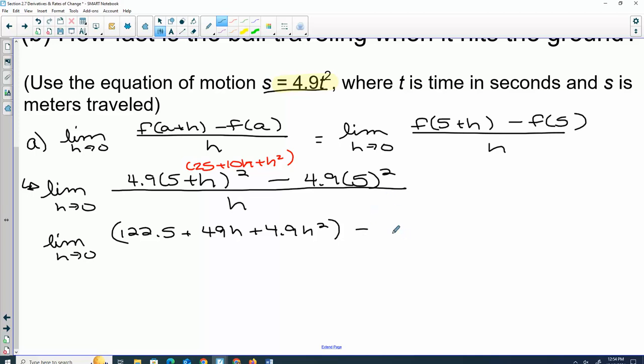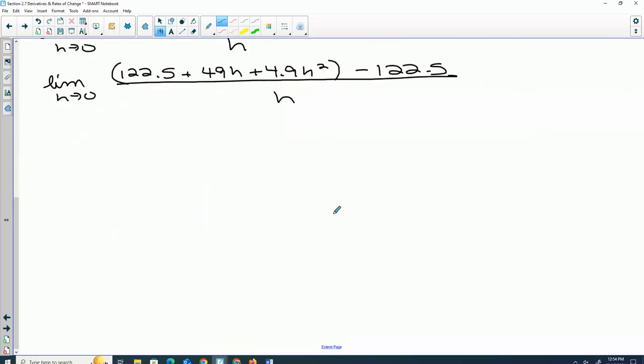Minus 4.9 times 5 squared. So these cancel. And the limit as h approaches 0 of 49h plus 4.9h squared divided by h.